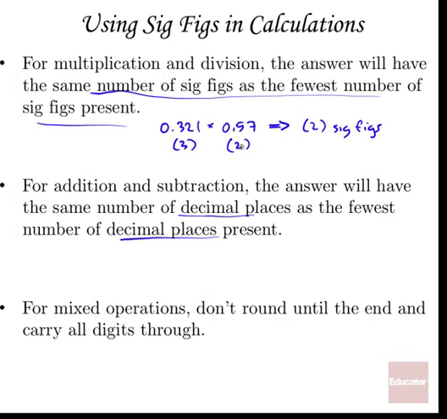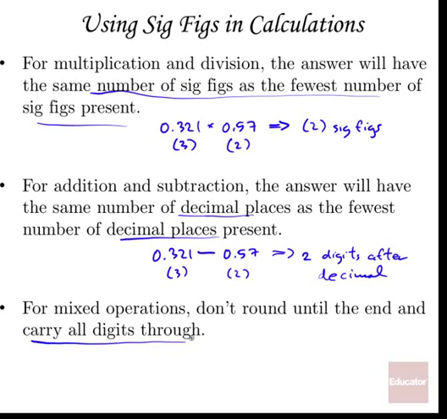Now, when we do addition and subtraction with the same numbers, 0.321 minus 0.57, we go by digits after the decimal point. Here there are 3 digits after the decimal, here there are 2. And so our answer is going to have 2 digits after the decimal. Finally, when you have mixed operations, you never want to round until the end, and you want to carry all digits through.